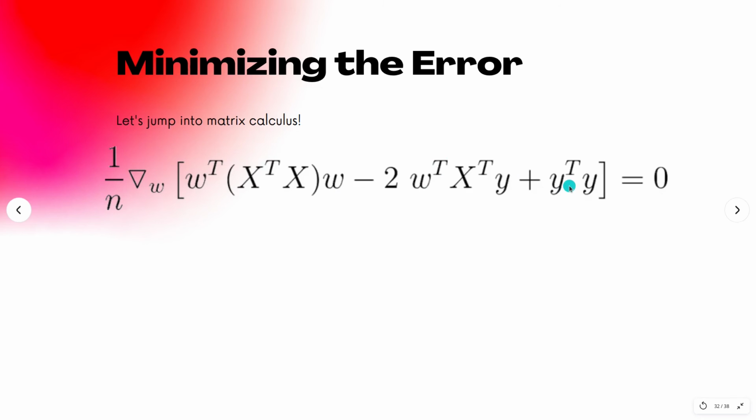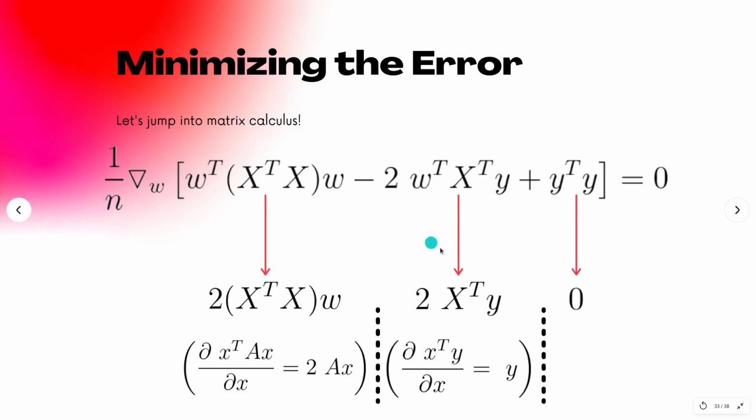So differentiation of this becomes 0, and this becomes 2 times x transpose y, because differentiation of w transpose x transpose y with respect to w is x transpose y. If you don't know matrix calculus, just comment down below, we'll make a new video. So differentiation of w transpose x transpose x w with respect to w is nothing but 2 times x transpose x w.